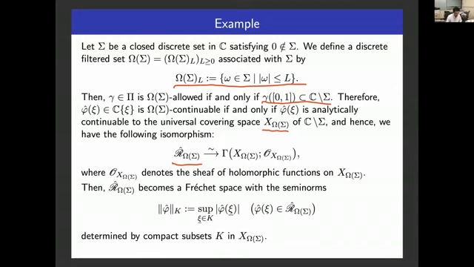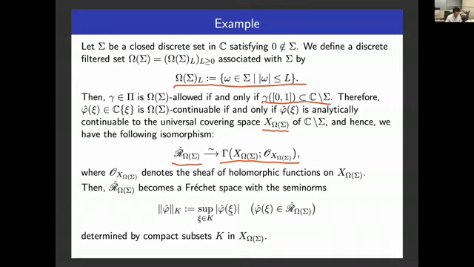But we can represent such functions as global sections of O X omega sigma on X omega sigma. Here O X omega sigma denotes the sheaf of holomorphic functions on X omega sigma. And then R hat omega sigma becomes a Frechet space with the seminorms. Here K is a compact set in X omega sigma.